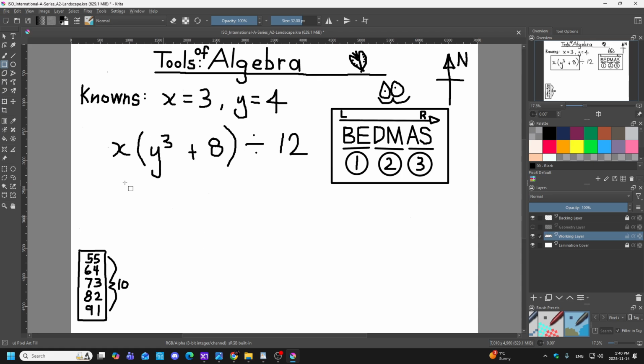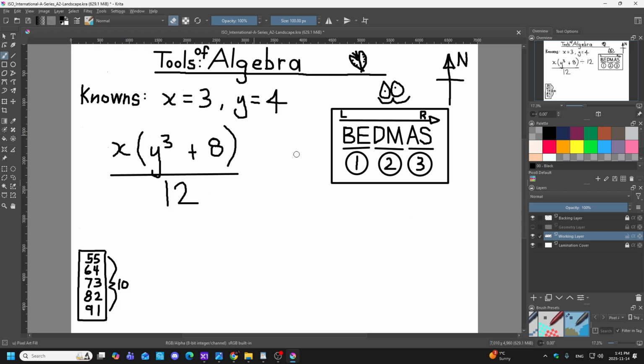All right, so myself, I prefer to write this in fraction form. So what I'm going to do is go like this, and I'm going to erase this. Bye-bye.